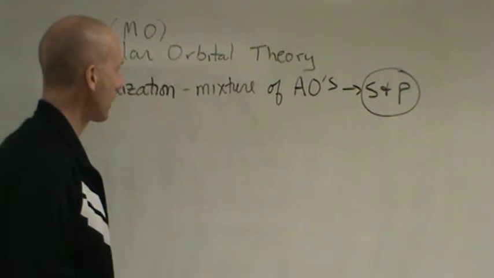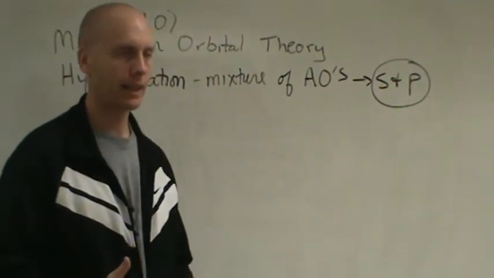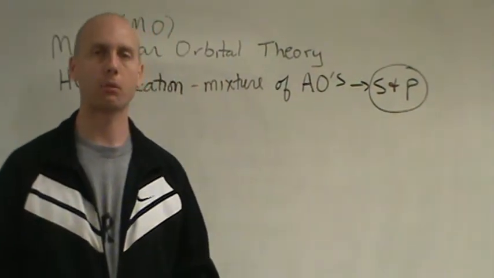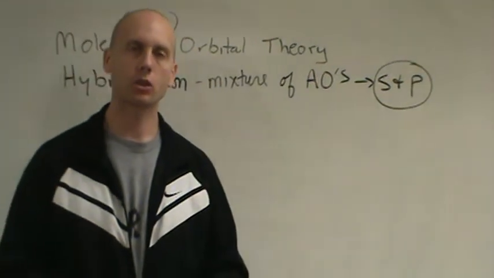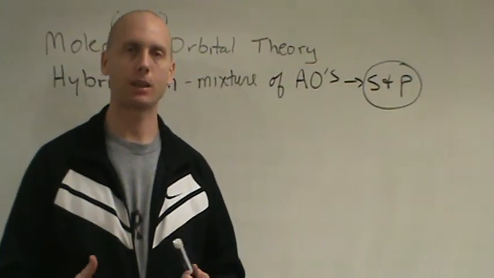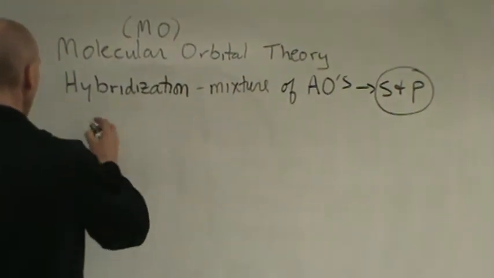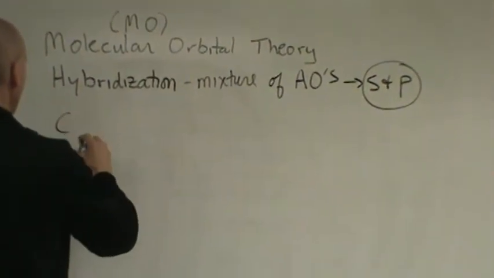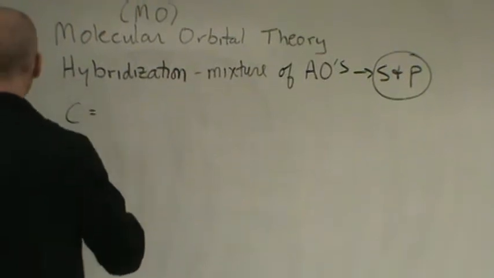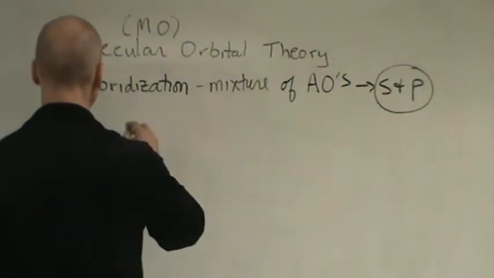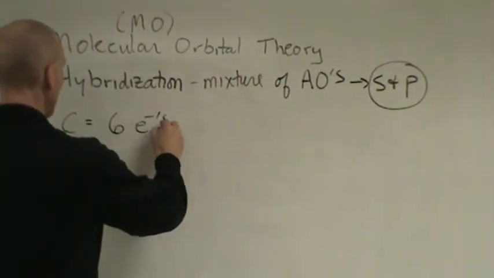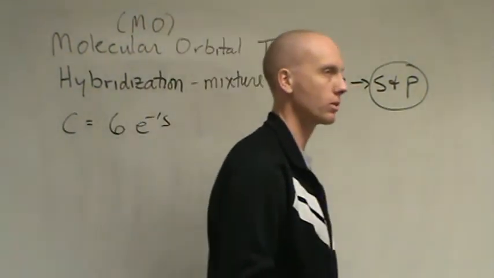Since the main atom in organic chemistry is carbon, let's look at the carbon atom in doing this. If you look at carbon, it has a total of 6 electrons.